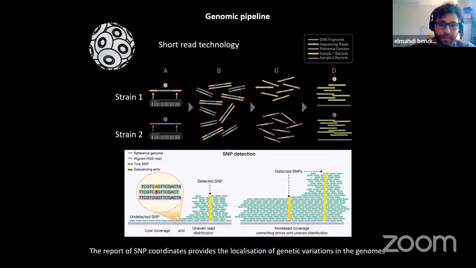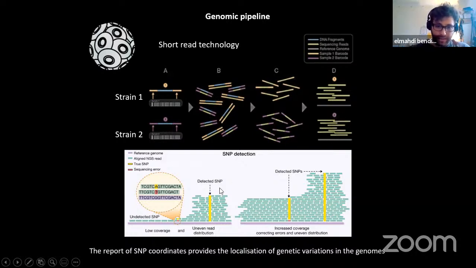Once we have that DNA purified, we cut it into small bits, and then we prepare the libraries shown here. We have different adapters put on the different fragments of DNA. The fragments are then amplified and sequenced, and then we get what we call the reads.